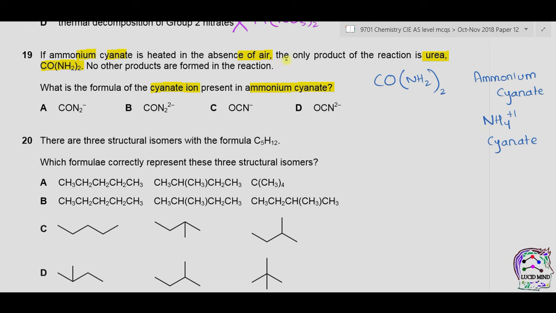As we can see that only one product is formed, no other products are formed, so therefore the number of atoms should be same. In CONH2 we have 1 carbon, 1 oxygen, 2 nitrogens and 4 hydrogen atoms, while in ammonium we have 1 nitrogen, 4 hydrogens and charge is +1.